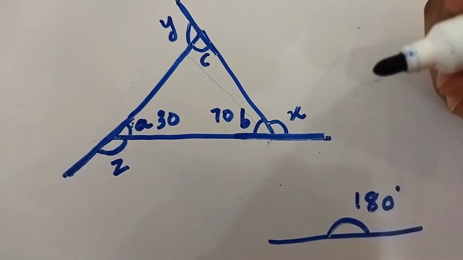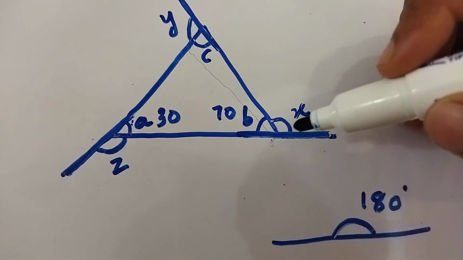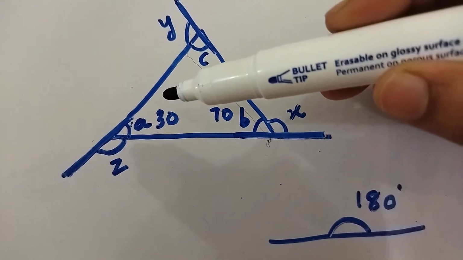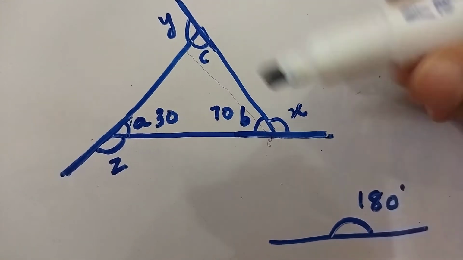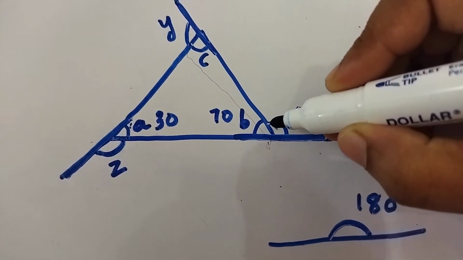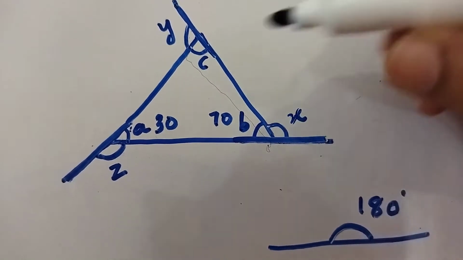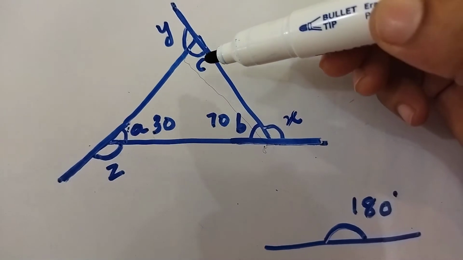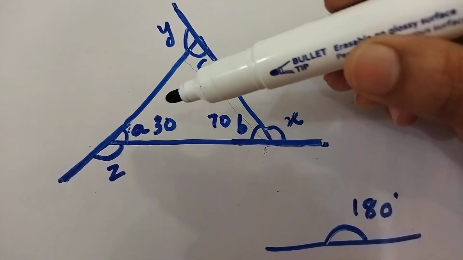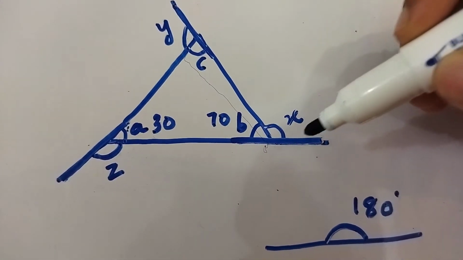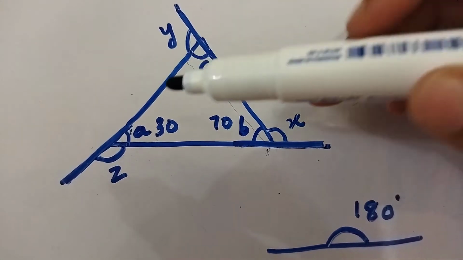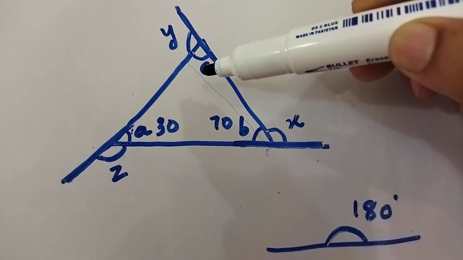So just remember another rule, that an exterior angle is always equal to the sum of the opposite interior angles. What is opposite of this exterior angle X? It's A and C. Angle A and angle C, their sum is equal to the angle X, right? This is the exterior angle and these are the opposite interior angles.